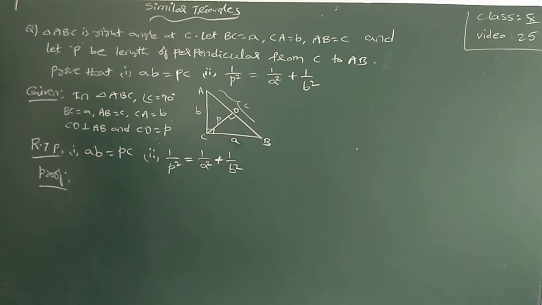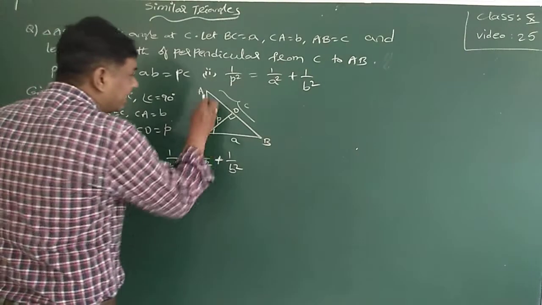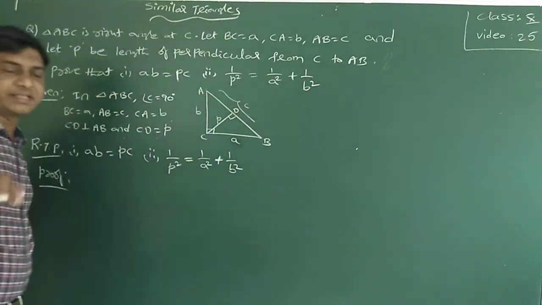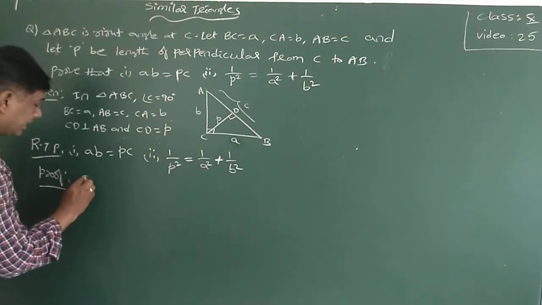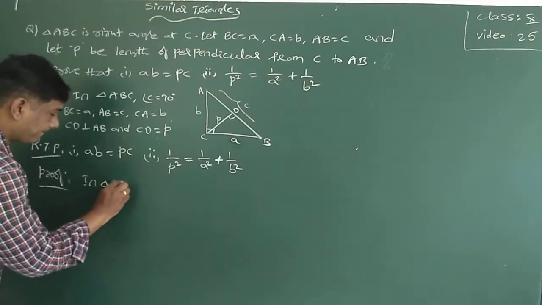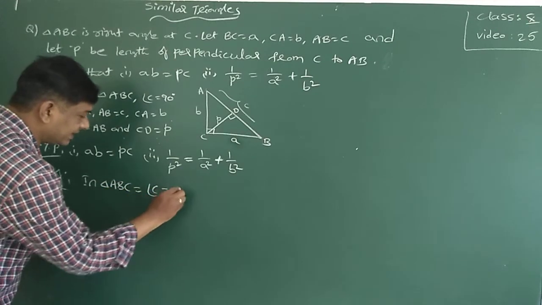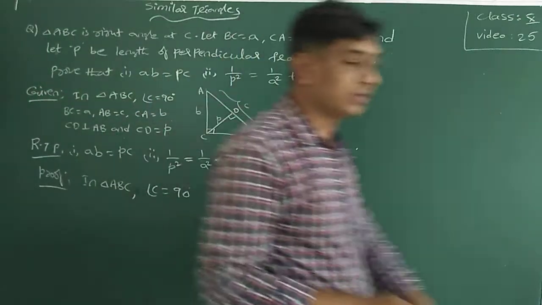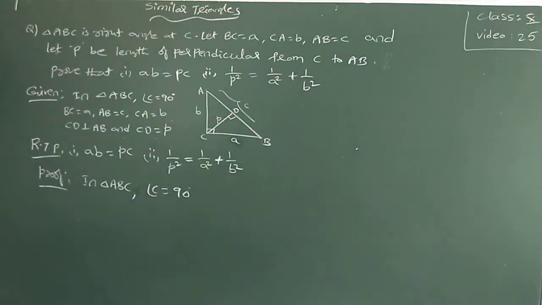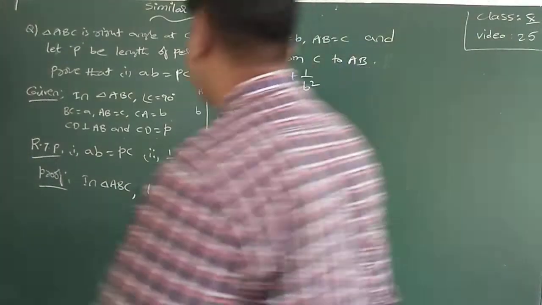Okay. Now first of all, in triangle ABC, a simple method I will use. In triangle ABC, angle C is equal to 90 degrees.